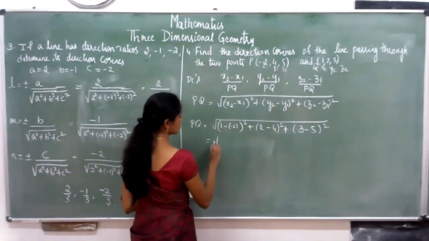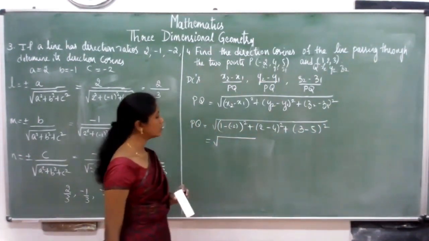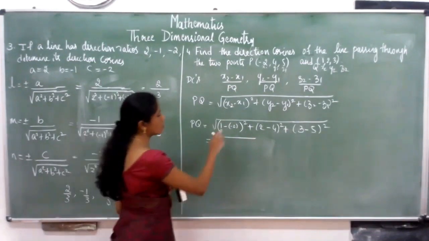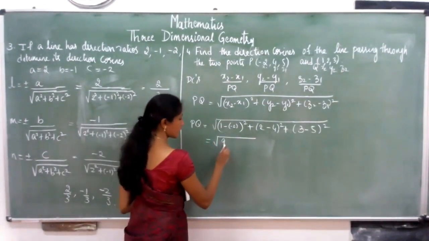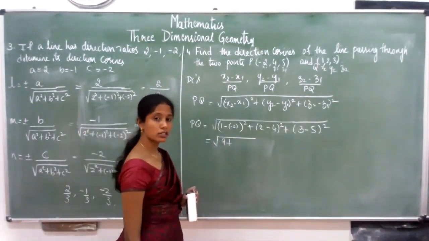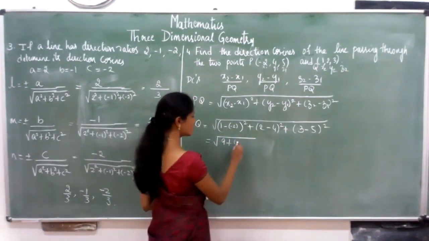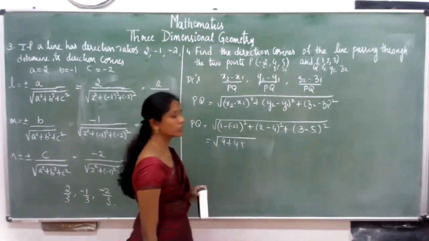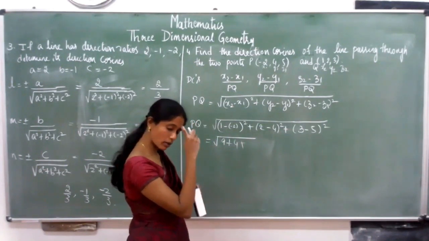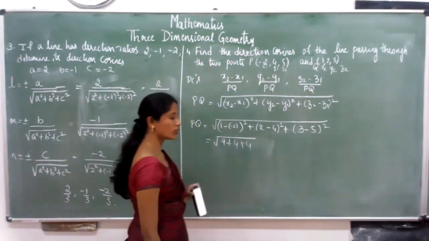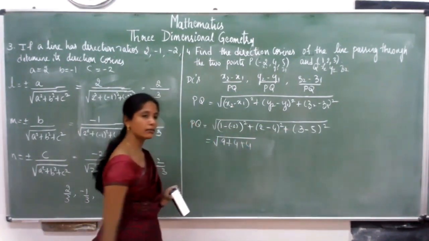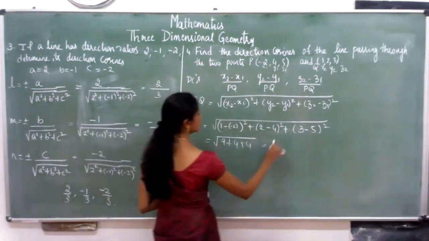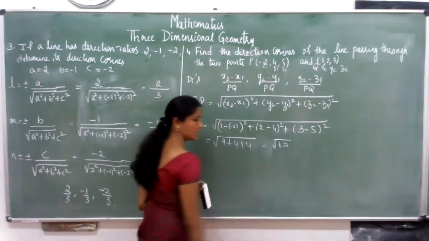Therefore this is equal to root of 1 plus 2 which is 3, 3 square 9, plus 2 minus 4 which is minus 2 whole square, which is 4, plus 3 minus 5 which is minus 2 whole square, again 4. So 4 plus 4 is 8, 8 plus 9 is 17, which is equal to root 17.